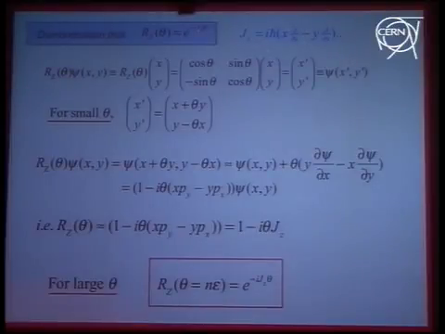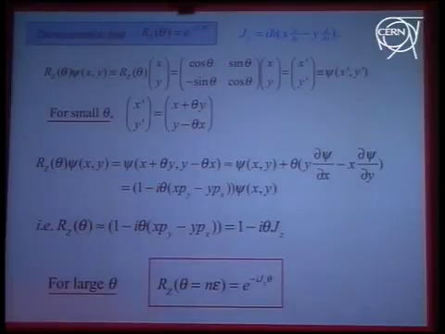If I substitute that in there, I want to show that it's equivalent to a rotation in the form that we're familiar with, cosine, sine, minus sine, cosine acting on the x and y. So I work for small theta, and I check that indeed expanding this as 1 minus i Jz theta operating on my function of x and y, I get the appropriate rotation. So this is a demonstration that you have this exponentiation property.